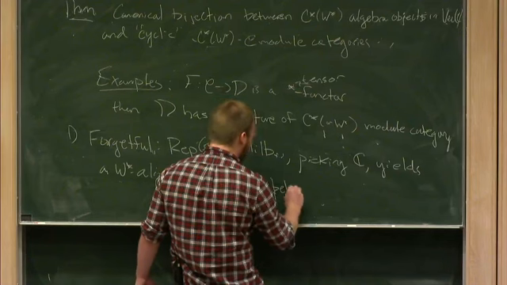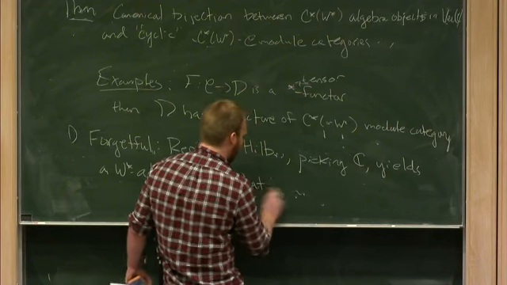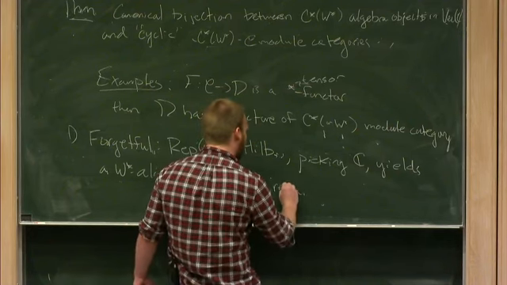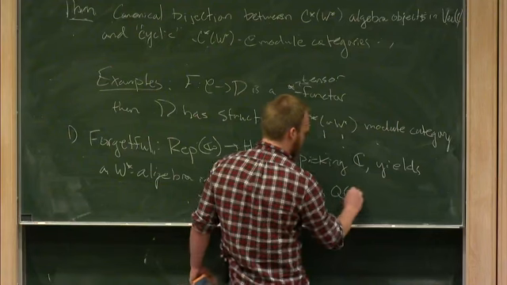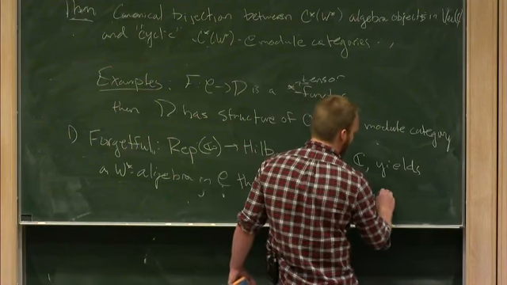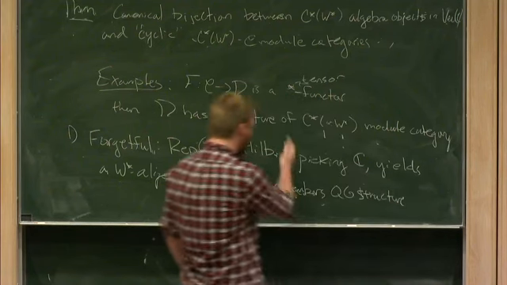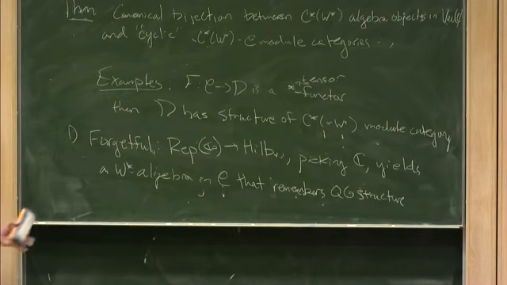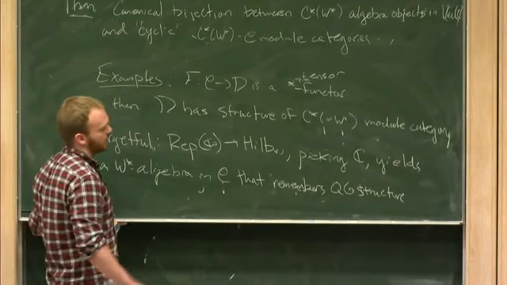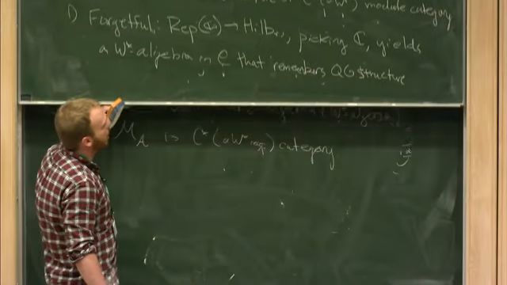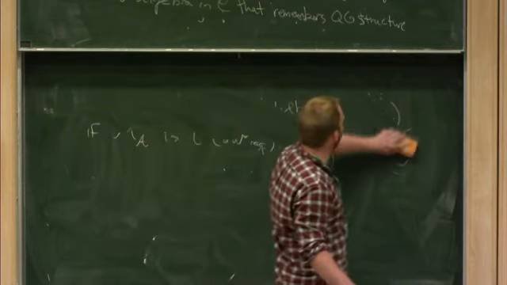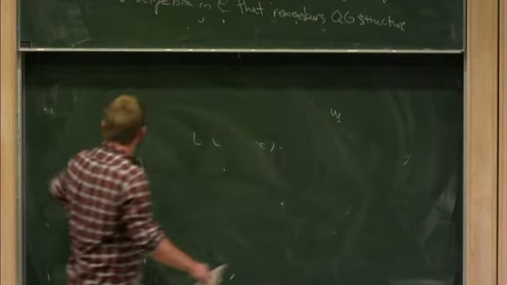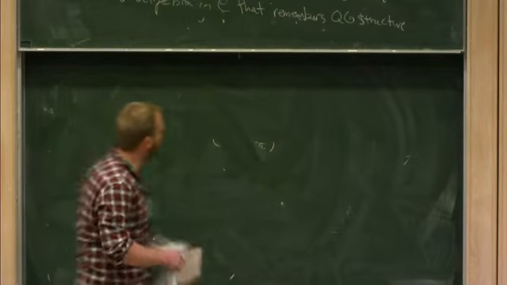But in fact, it's a W star algebra. So it remembers somehow the actual quantum group structure. And indeed, it actually remembers this entire tensor functor because it's special. It's what we might call a factor object, a finite factor object. Yeah. So that's one example.